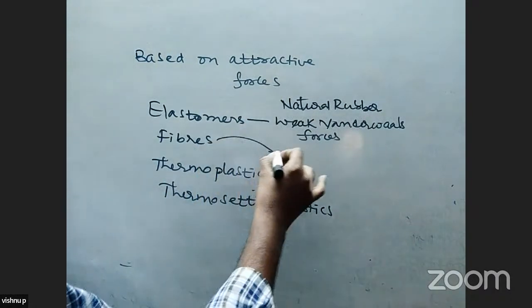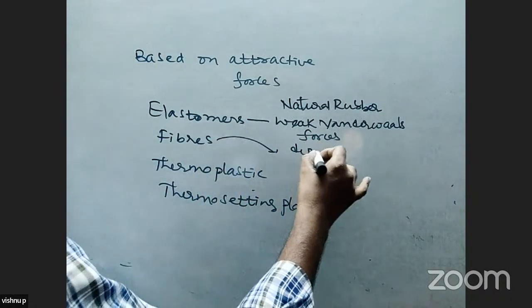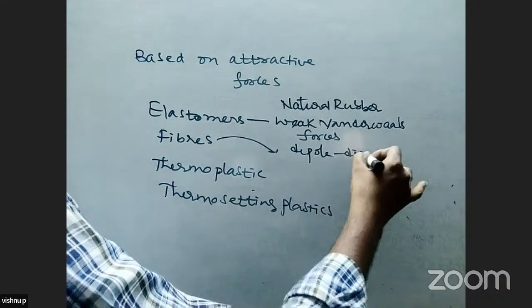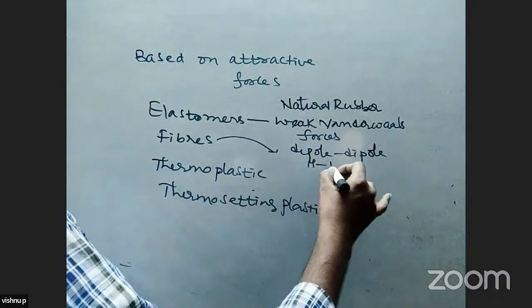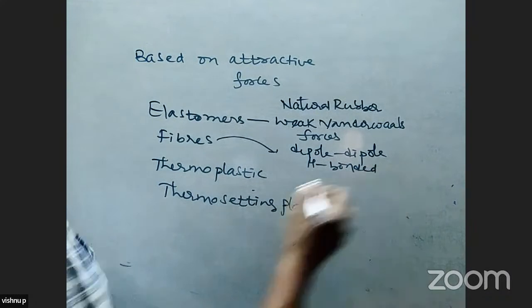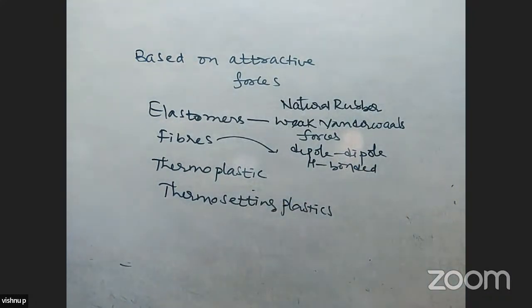Fibers: generally dipole attractions and hydrogen bonded attractions are present. Example, cellulose is one example for fibers. These attractive forces in fibers are more than in elastomers but less than in thermoplastics.